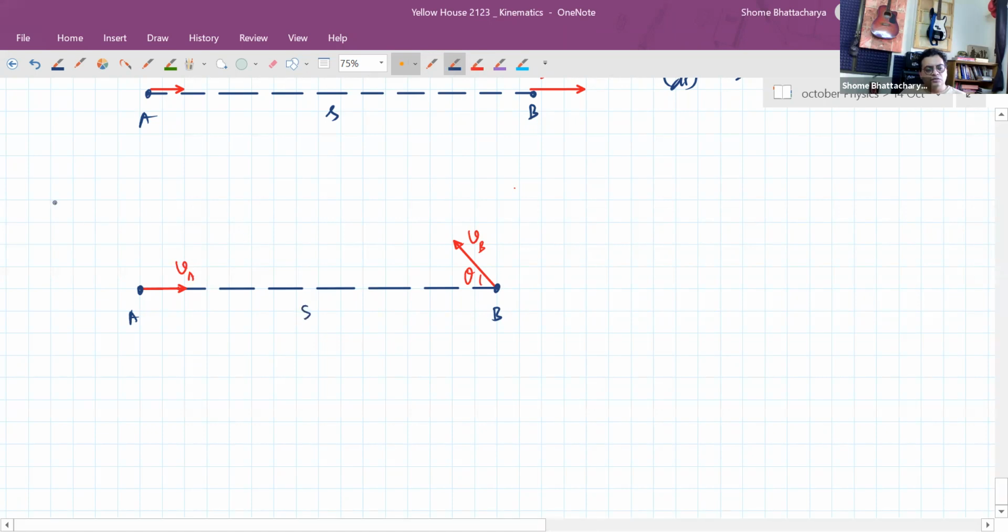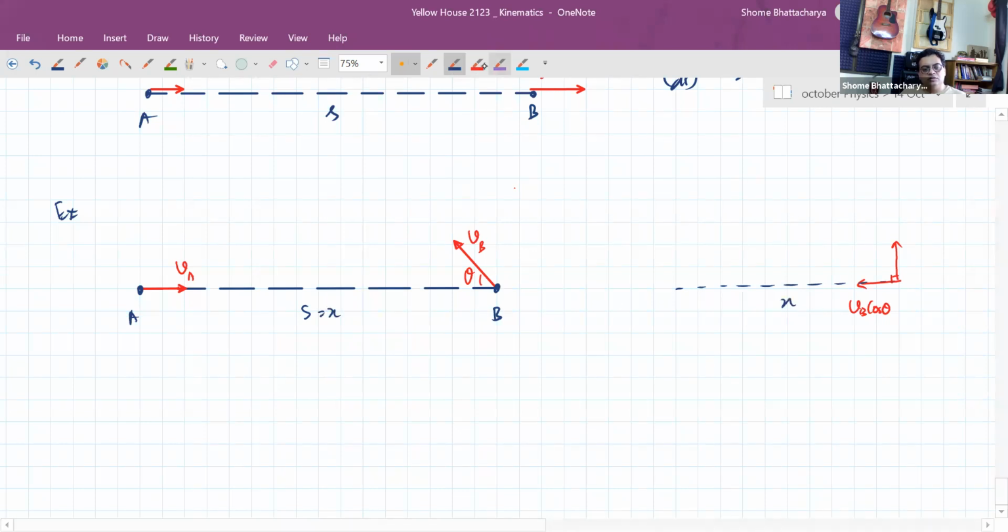So here we can see that we can break the motion of B into two components. So this VB cos theta is contributing to the rate of change of the distance between them, which is denoted by X, like this.